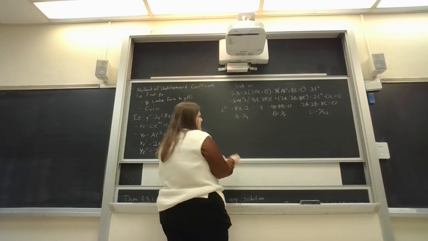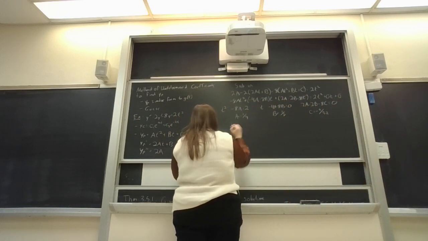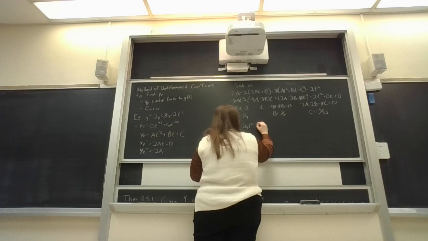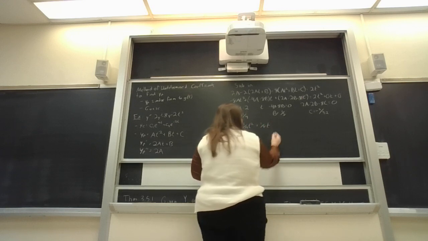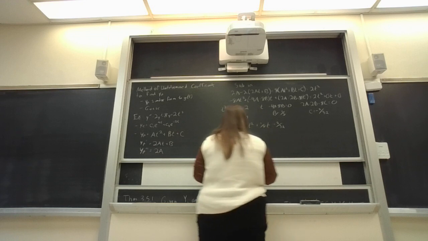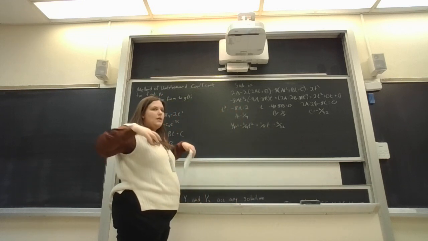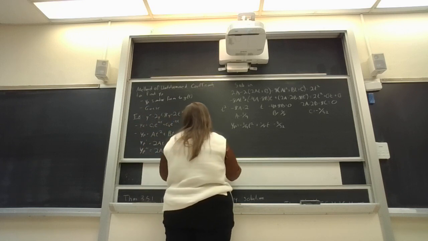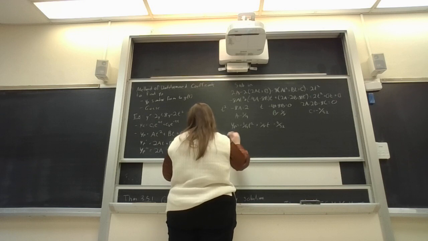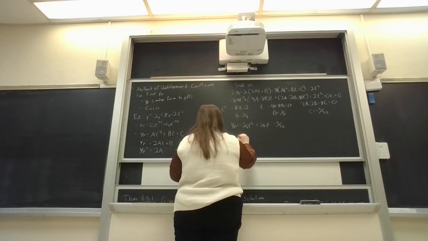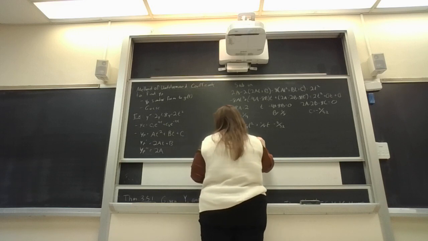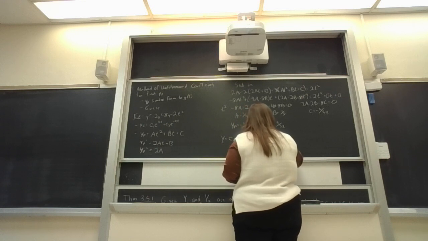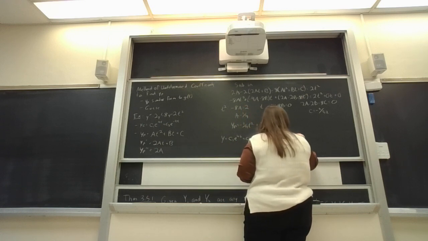So what this means is yp is going to be negative 1/4 t squared plus 1/8 t minus 3 over 32. And then my entire final general solution is y equals c1 e to the 4t plus c2 e to the negative 2t minus 1/4 t squared plus 1/8 t minus 3 over 32.